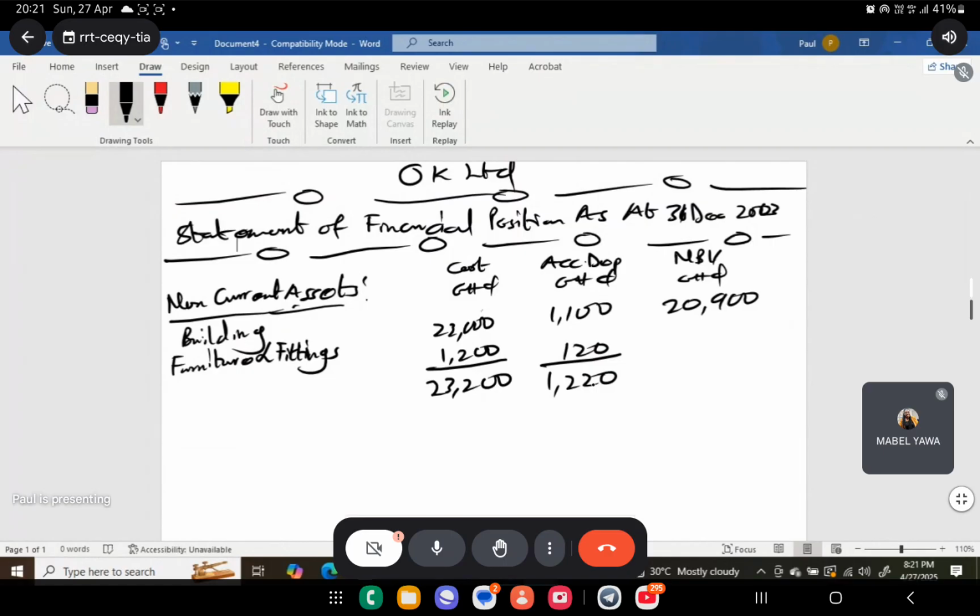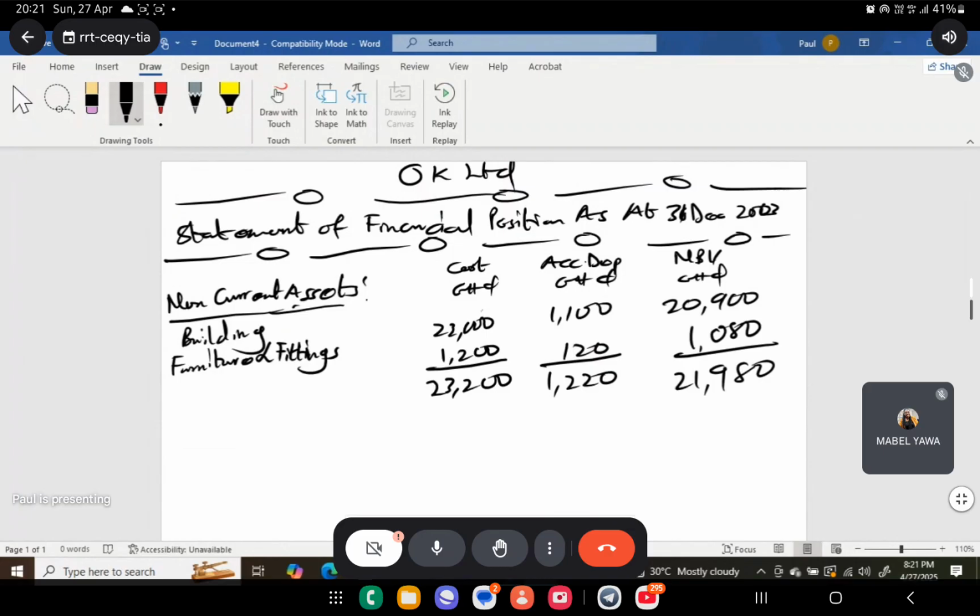And for furniture, 1,200 minus 120, which is 1,080. When you add both, you get 21,980. So we are done with non-current assets.